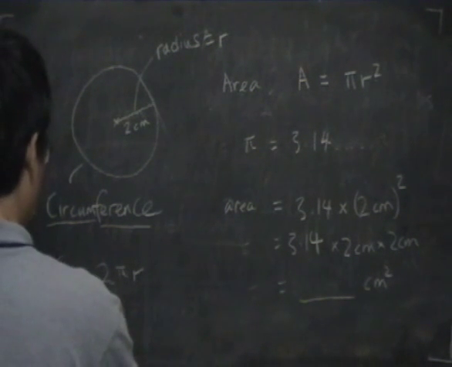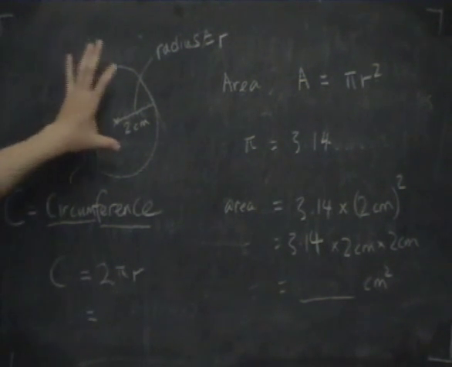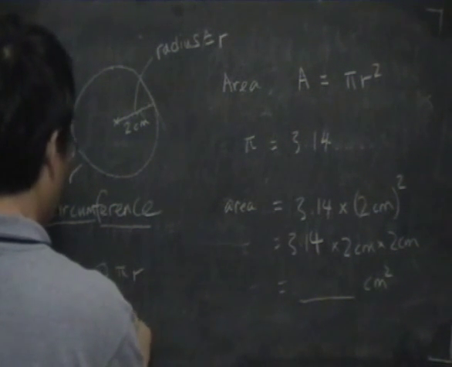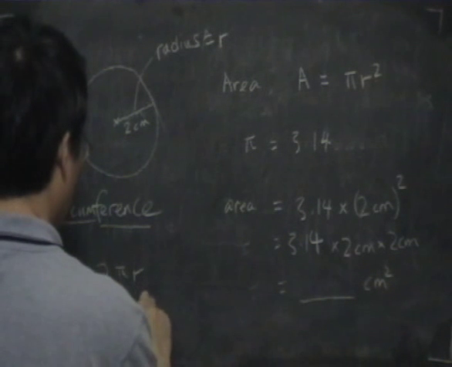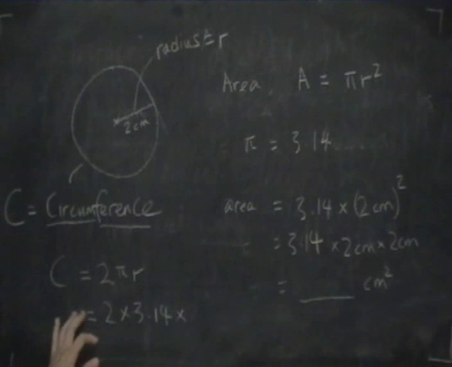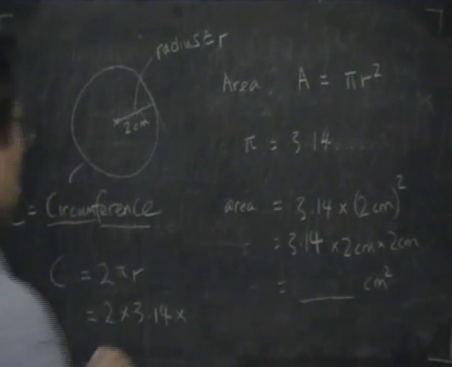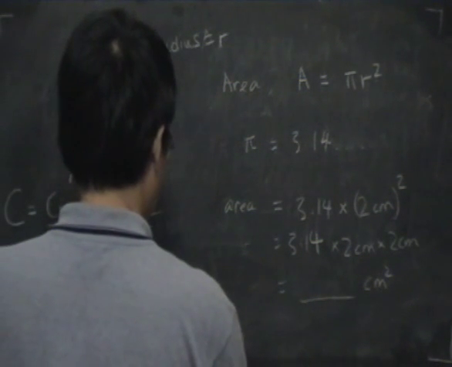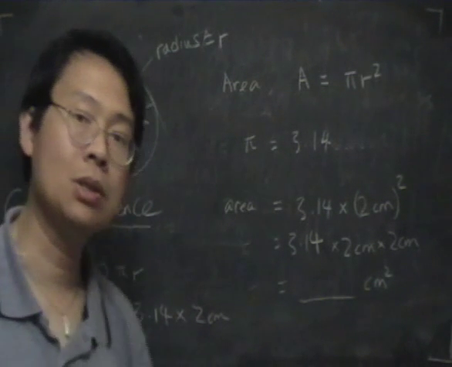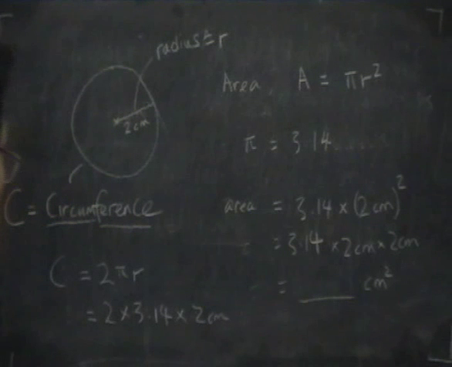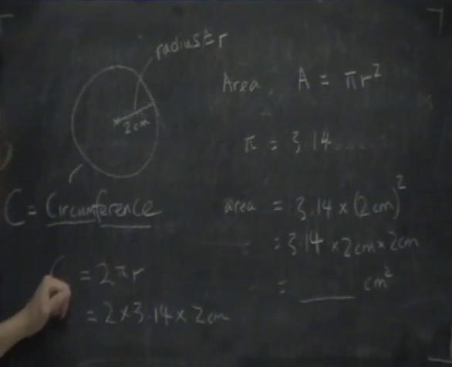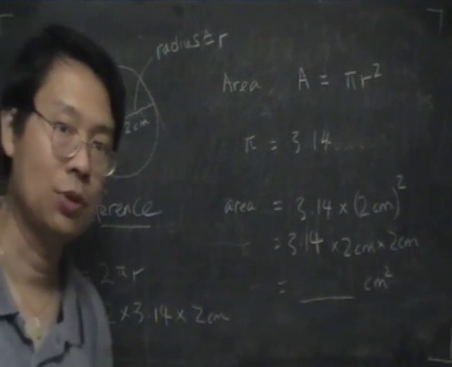For this example, what we are actually calculating is 2 times roughly 3.14, and r is the 2 centimeters. So 2 times 3.14 times 2 centimeters, and you can calculate that in your calculator and get the answer. So that's the formula for the circumference of a circle.